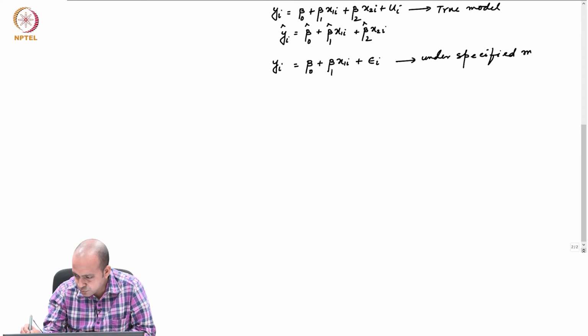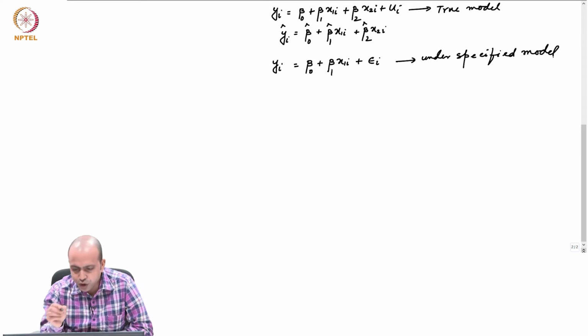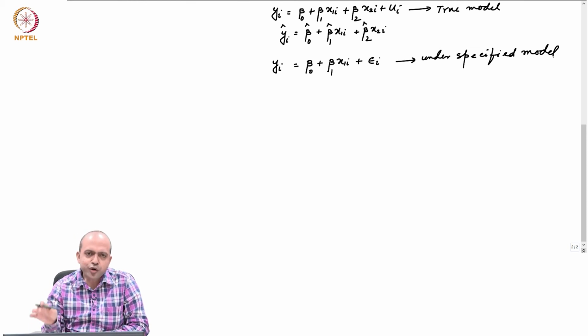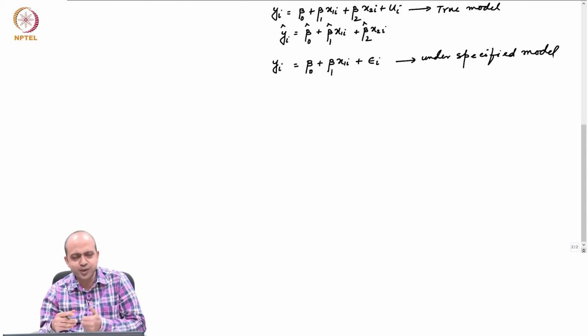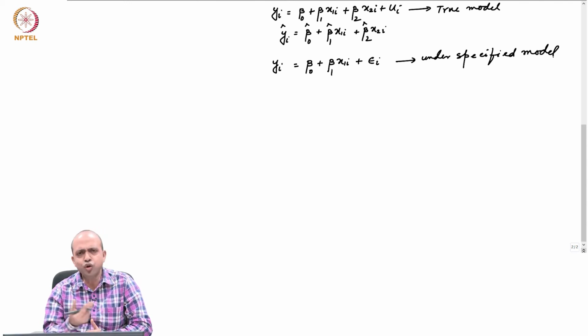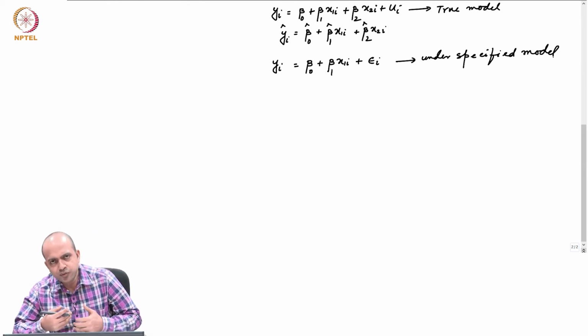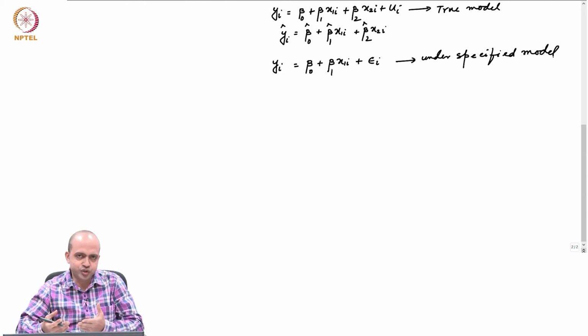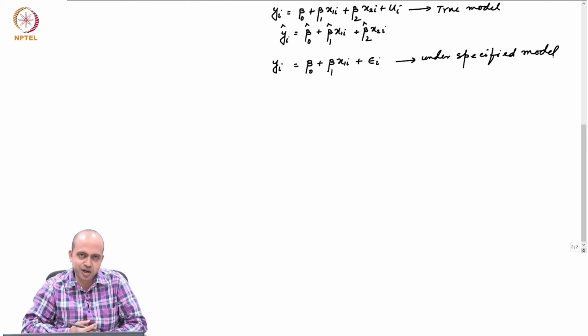Why is this under specified? Because in the true model we require x2i also, but because of our ignorance we do not know that ability also matters, or even if you know, sometimes it is very difficult to observe ability and get measurable data. How do you measure an individual's ability, which is some inert factor, right? Individual's ability is inbuilt and you cannot observe and collect observable data on ability.